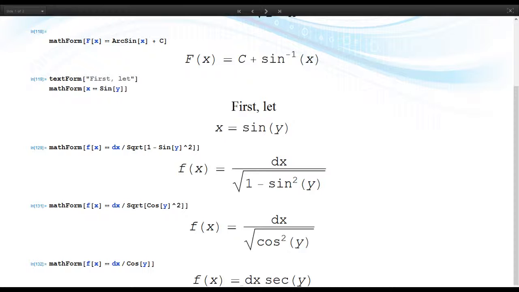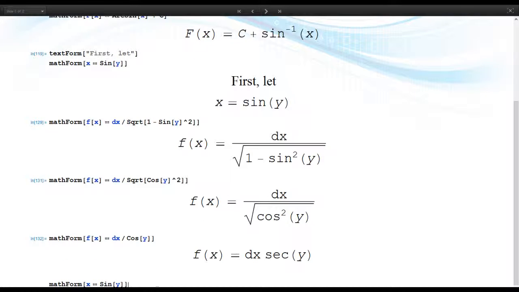Anyway, we can't integrate an expression of y's with respect to x without converting our dx into some expression of dy. And the way to do that is we have to go back to our substitution, which is here. We'll take the derivative of both sides.